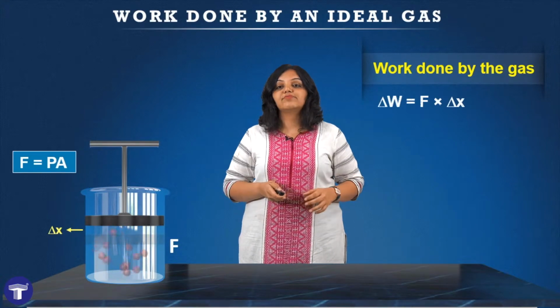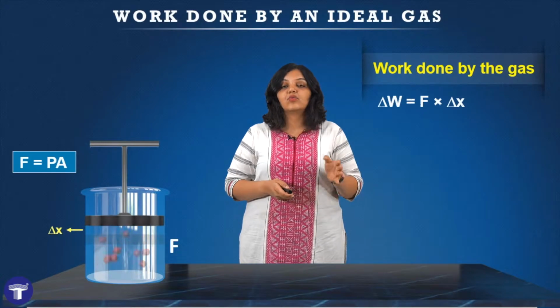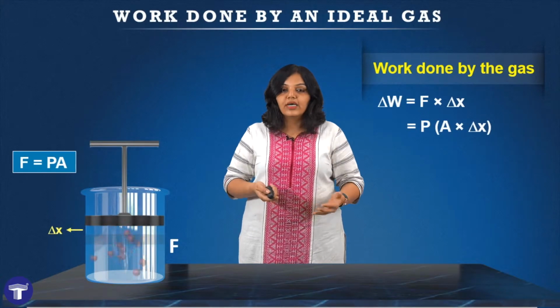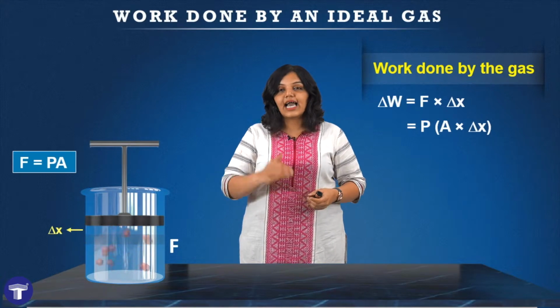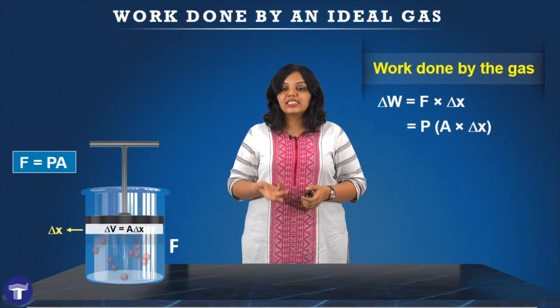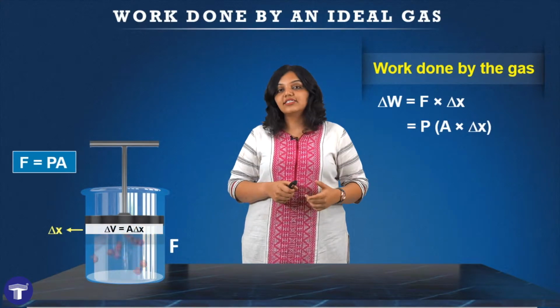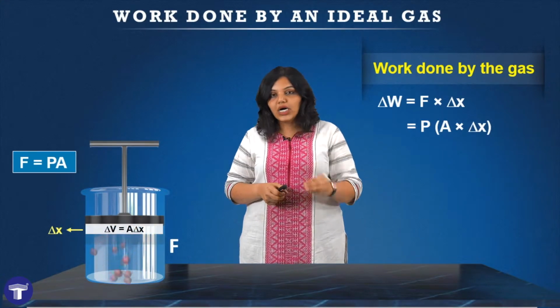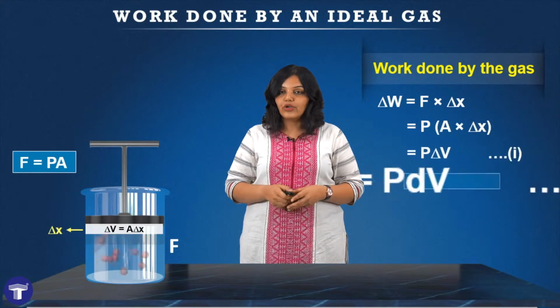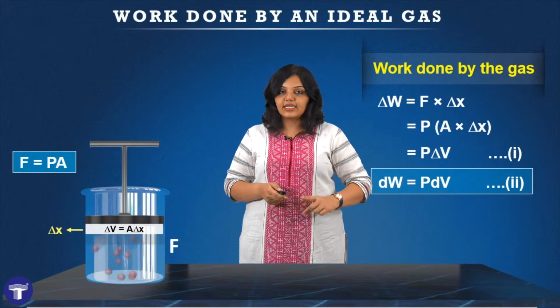However, F we said is P into A, and therefore the work done is P A into delta x, which is nothing but the change in volume that was experienced when this gas moved upward. So there was a change in volume occupied by the gas, which is delta V, and from here we get the answer that the work done by an ideal gas is equal to pressure times the change in volume. So W is equal to P delta V.